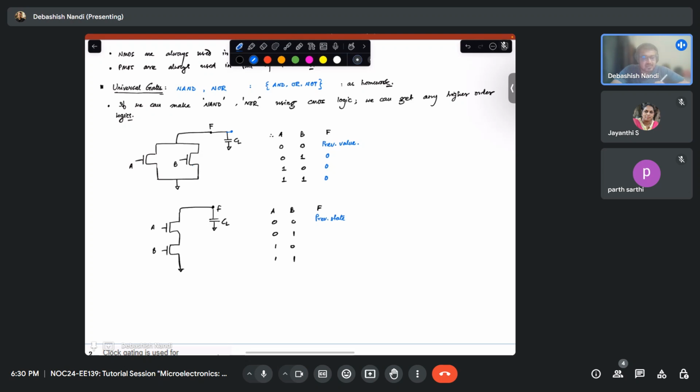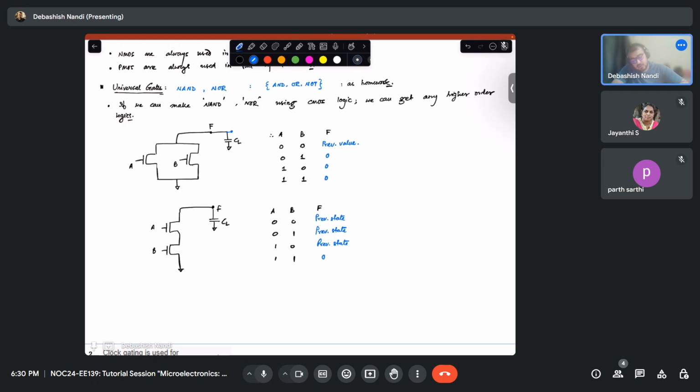As it is in series, if any transistor is off, it will hold the previous state. And if both the transistors are on, or in the case of 1 1, then it will get the path to discharge. So your output will become 0, or your capacitor CL will get discharged.